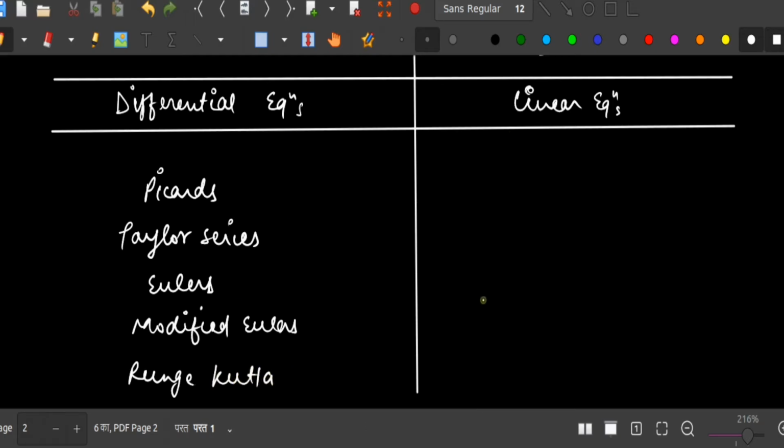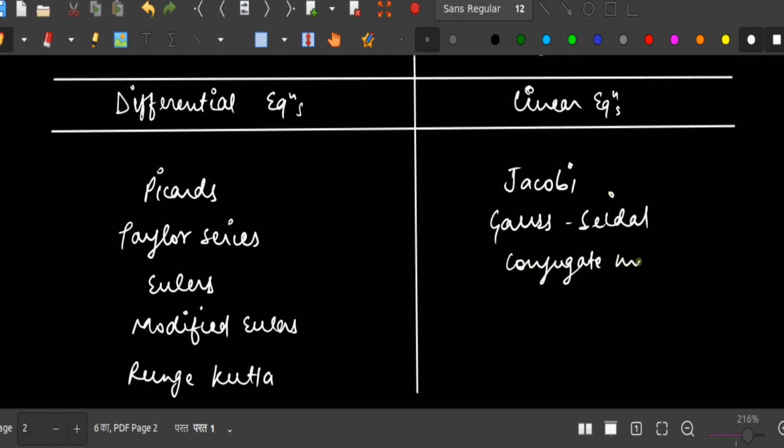And then coming down to linear equations, again you have many methods. For example, the Jacobi method to solve linear equations numerically. Then Gauss-Seidel is there, the Gauss-Seidel method, then you have the conjugate method. Some of these methods won't be in the GATE syllabus, but I'm listing out many methods that exist to solve these types of problems. Okay, then you have the Gauss-Jordan method or Gauss-Jordan elimination method, whatever you like to call it.